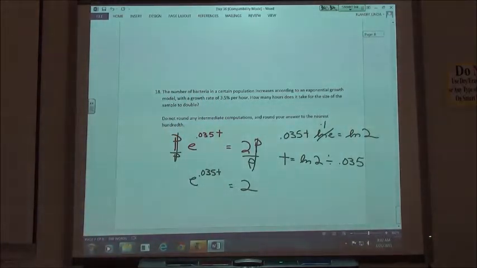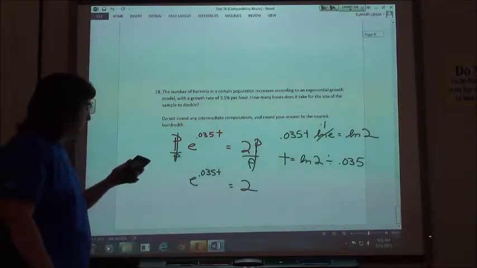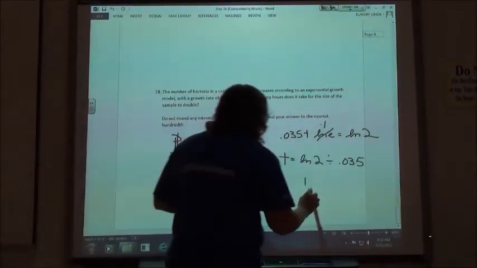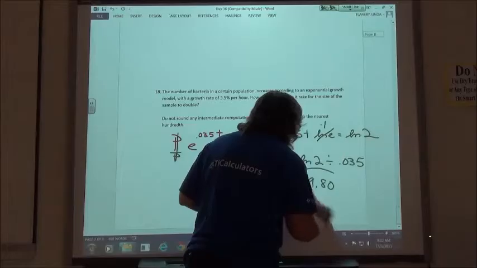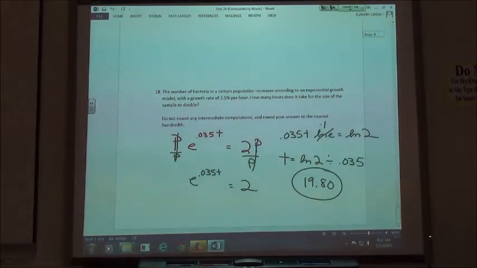And we're going to round our answer to the nearest hundredth, it says. So they're going to put 19.80, so we showed that we rounded it to the nearest hundredth, even though it's a zero there. All right.